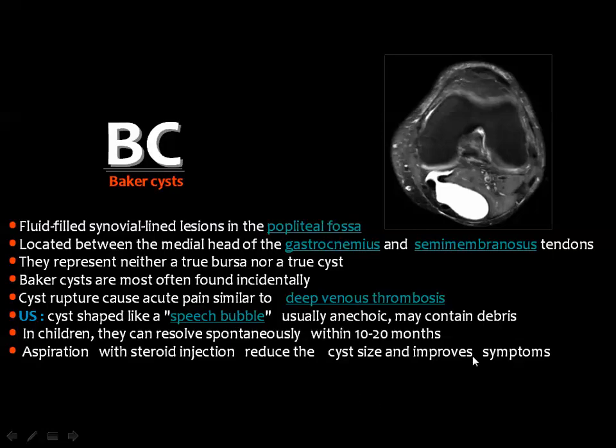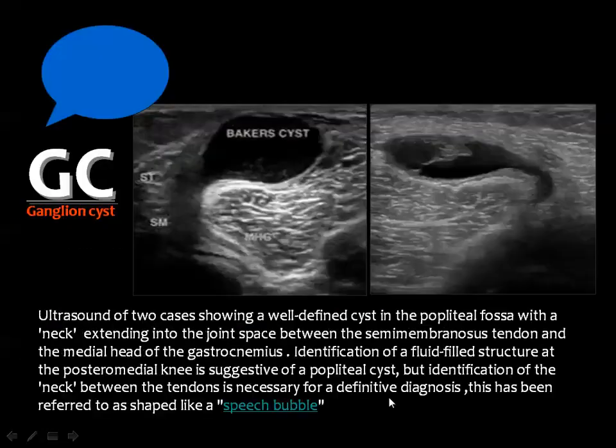it contains fluid on CT and MRI. Some debris may occur inside the lesion, and this is what we mean by the speech bubble, meaning that there is a cyst with a pedicle or a neck, and this neck connects the cyst to the joint space.